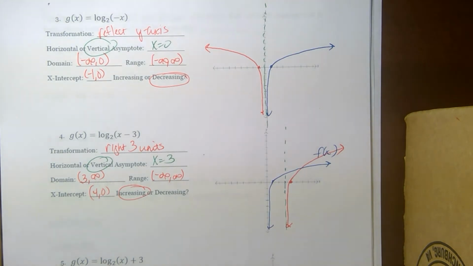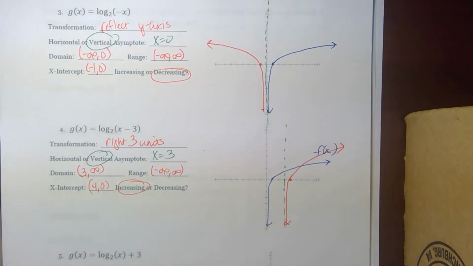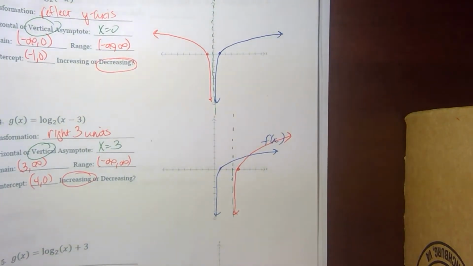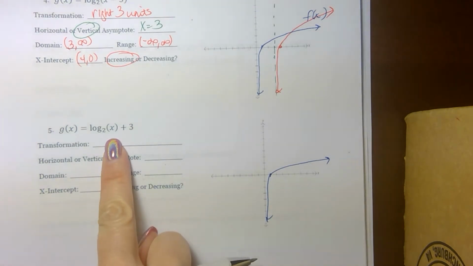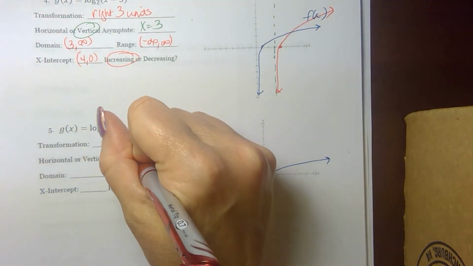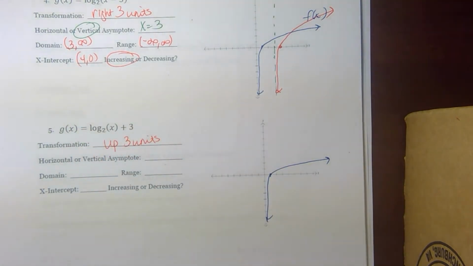Okay, one more transformed function. We're going to do our parent function, f of x, where it's just log base 2 of x, goes through our x-intercept with a vertical asymptote at x equals 0, right there. And then what transformation do we have here? Well, this is not attached, so we are going to move it up 3 units because that is a vertical shift.